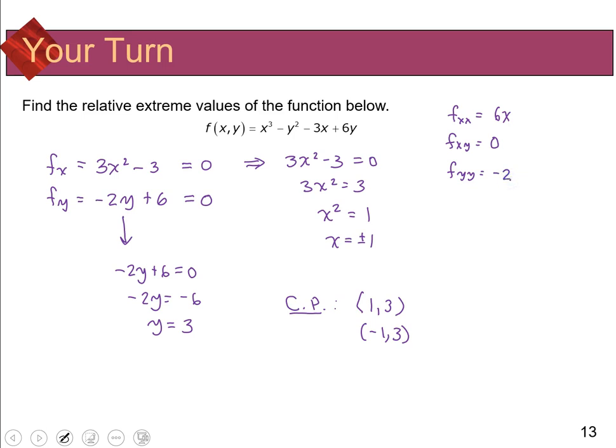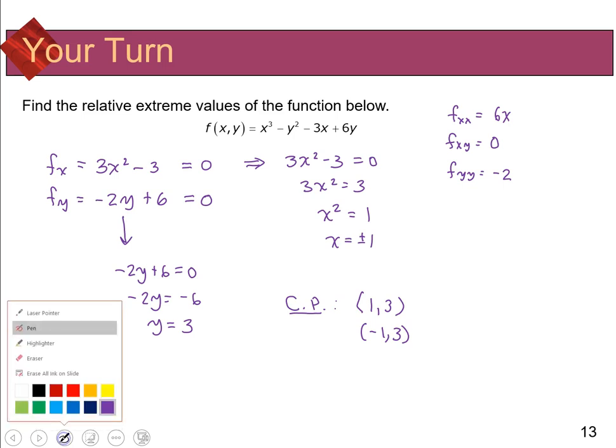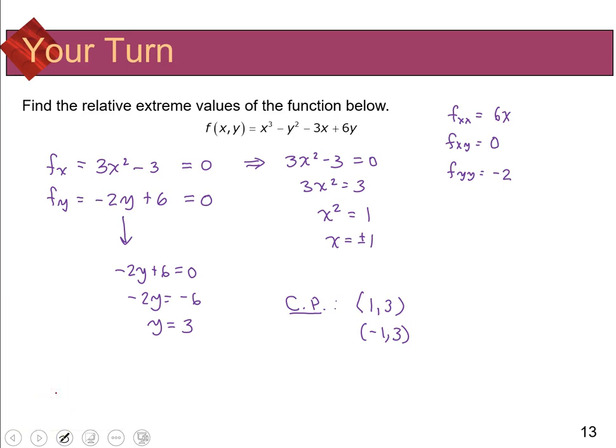So when I look at these two critical points, I'm going to go to a different color. At (1, 3), my d value is going to be fxx evaluated at (1, 3). So I'm going to have 6 times the x value 1 times fyy at (1, 3), which is just going to be negative 2.